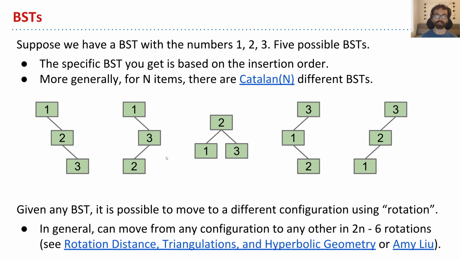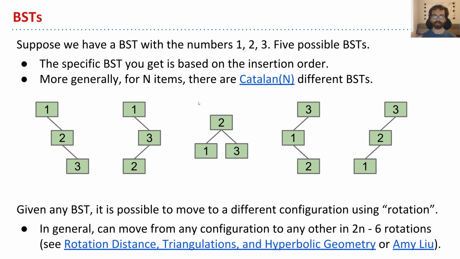Let's say we insert the items 1, 2, and 3 into an initially empty binary search tree. If we do 1, then 2, then 3, we get the configuration shown on the far left. If we do 2, followed by 1, followed by 3, we would get this bushy tree in the middle. It turns out there are 5 different binary search trees that can contain these 3 numbers, and the specific one you end up with is based on the order that you insert.